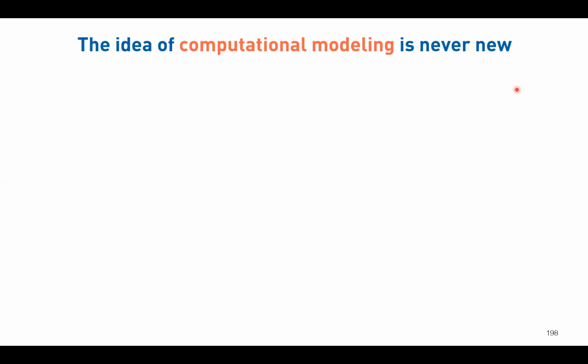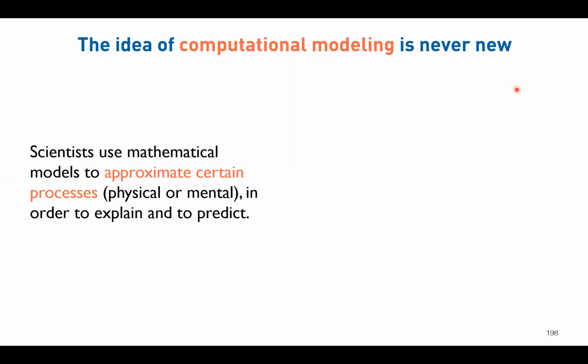Maybe to some of you it is quite new, but I would like to try to convince you that computational modeling is never new. In fact, it has been used for more than a few hundred years, even though it is not really used by cognitive scientists or psychologists, but by physicists for a really long time. There's a long history about that.